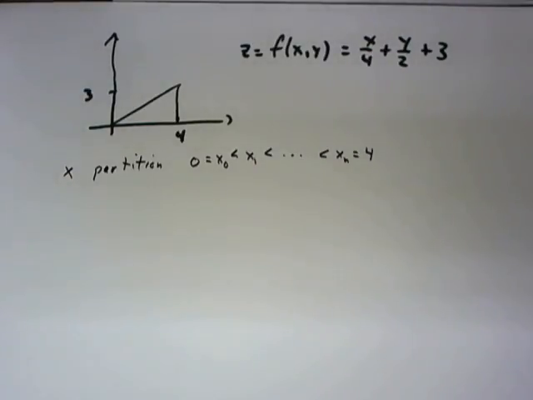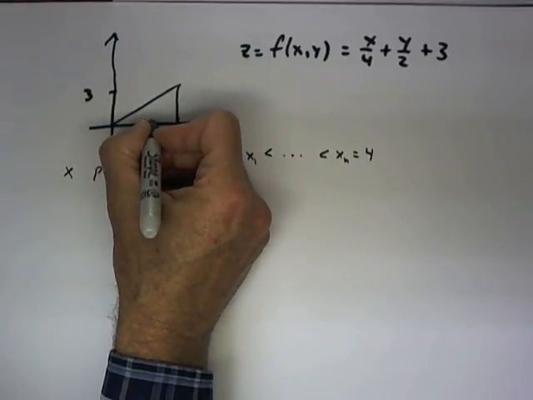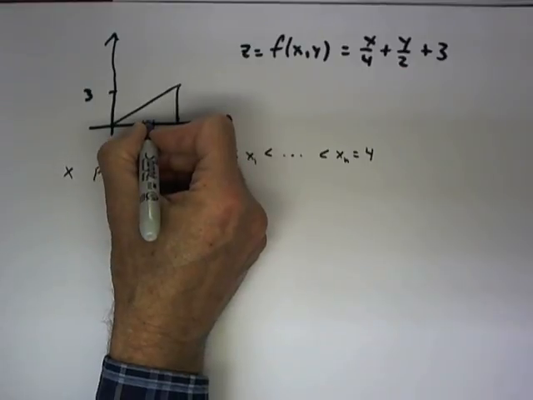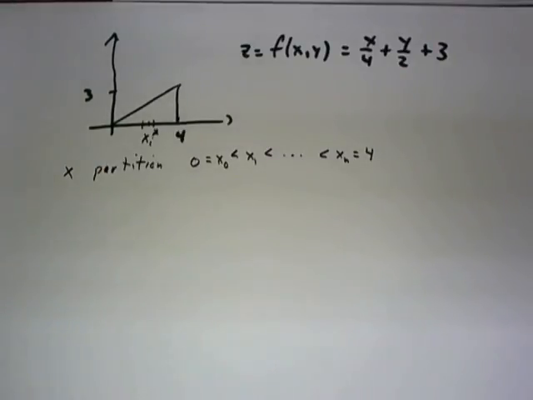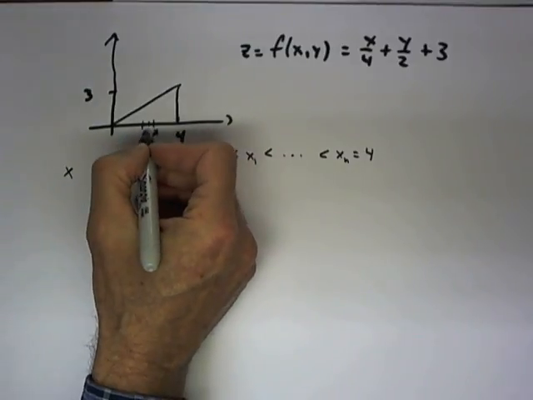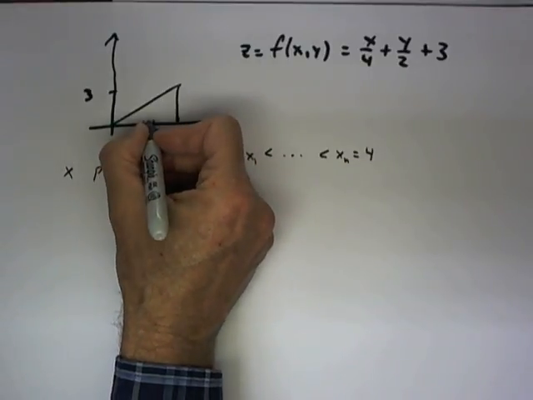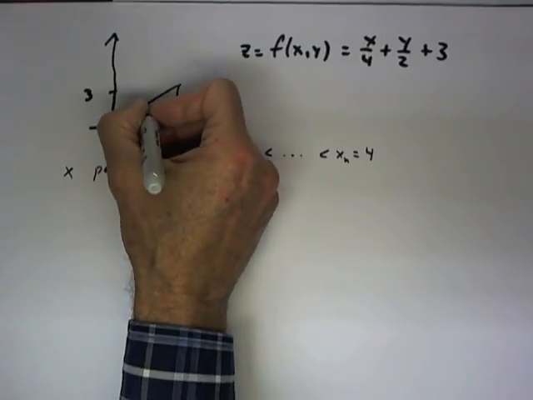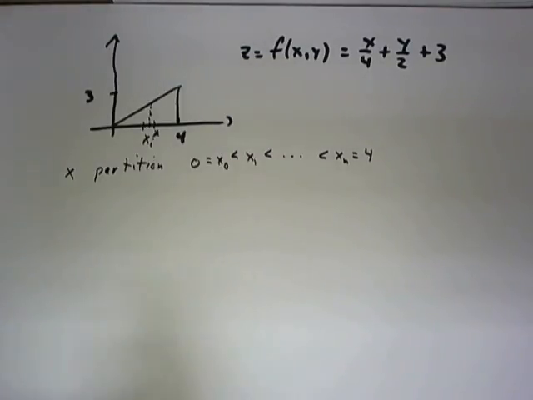I haven't bothered writing the xi minus 1 and xi, but we understand that we're going to have a subinterval here, and we're going to have an xi star. Rather, not a partition, but a subinterval. Partition is the set of all intervals. Now, we've got a sample point xi star in what we assume to be our ith interval, and the question then is, how far does y go?